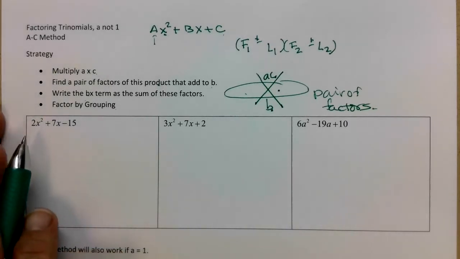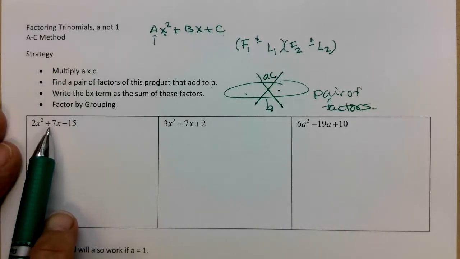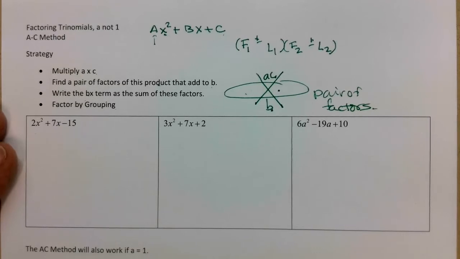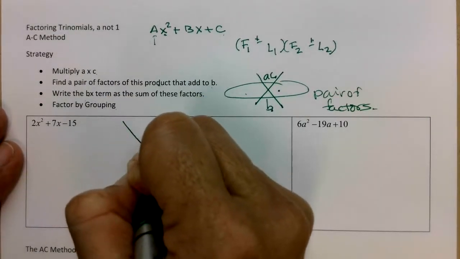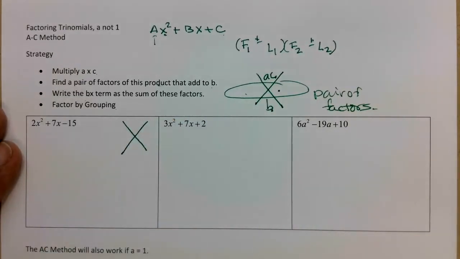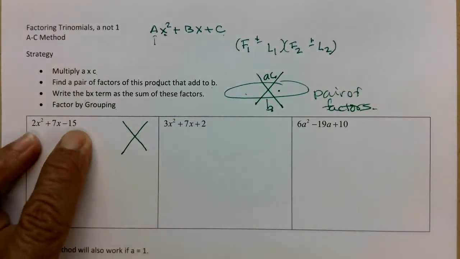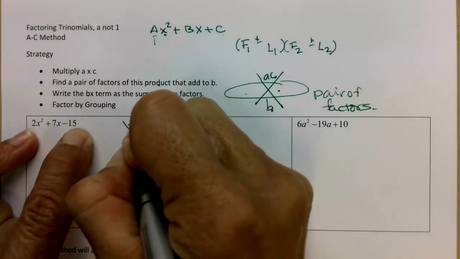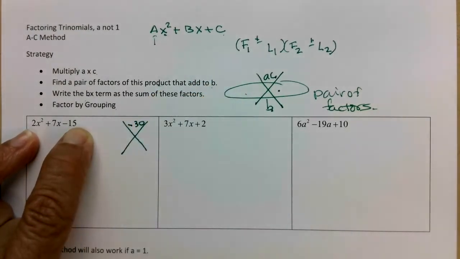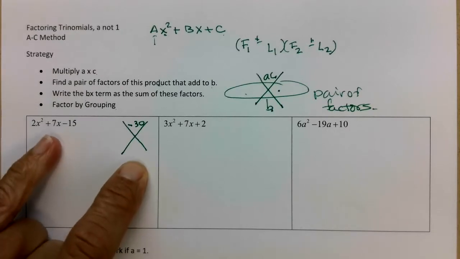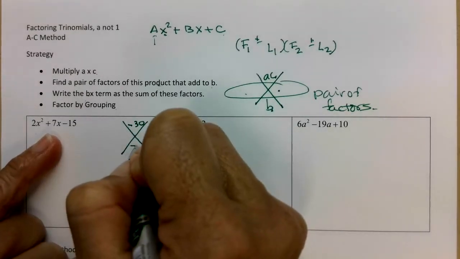So my first example here is 2x squared plus 7x minus 15, and we're supposed to factor that. I'm going to make my little X over here. In the top, I have 2 times negative 15, so that's negative 30. Down below, I have positive 7.